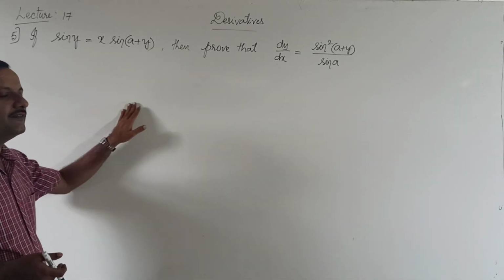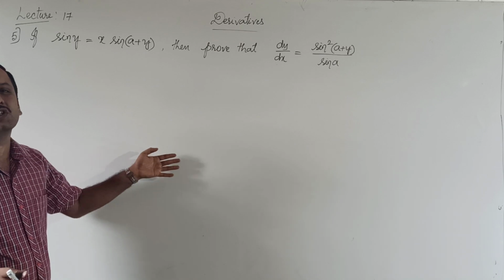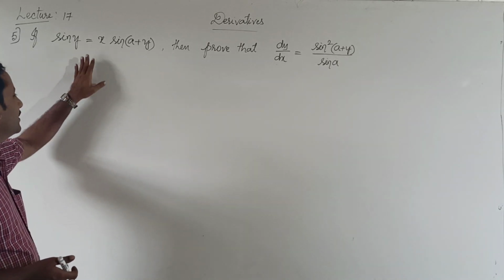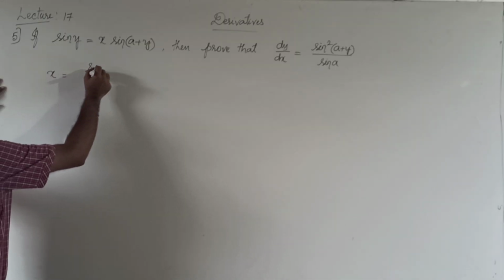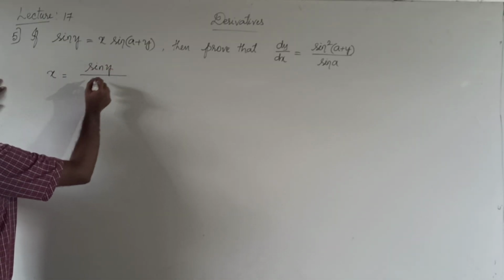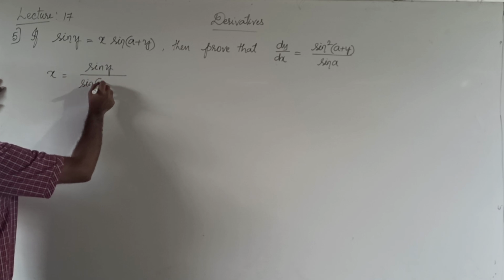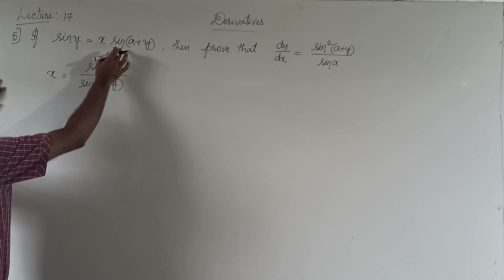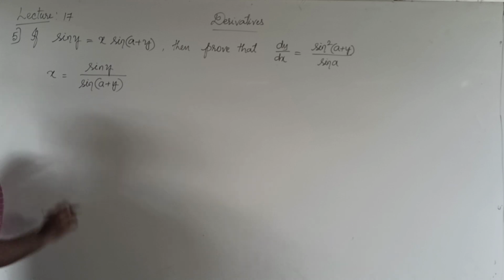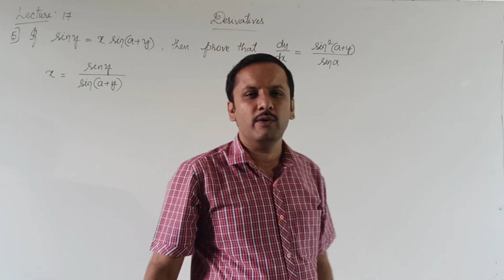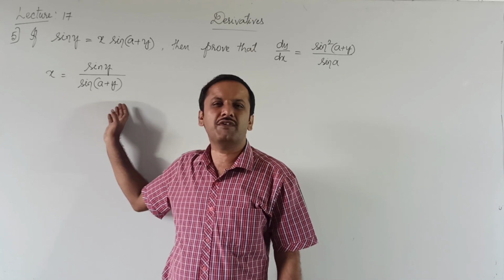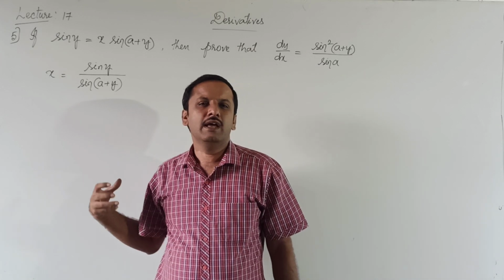Or in other words, we can write x as a function of y. See, from this equation, I will write x is equal to sin y divided by sin a plus y. Okay. I am bringing sin a plus y. X is equal to sin y divided by sin a plus y. Now we have x as a function of y. X is equal to f of y.